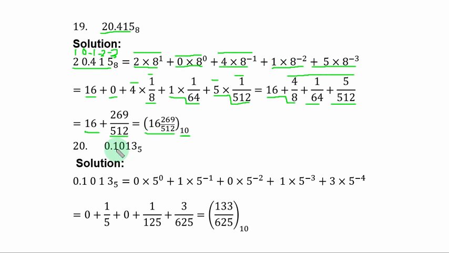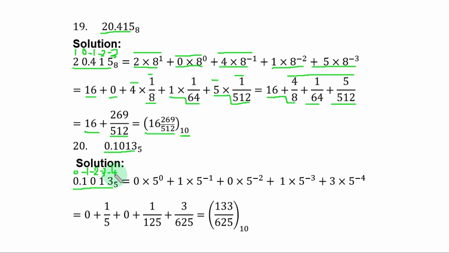Example 20, you have 0.1013 base 5. So this is the given number. Position of 0 before the point is 0. To the right, you have negative position, starting with -1 for 1, then -2 for 0, -3 for the second one, and -4 for 3.